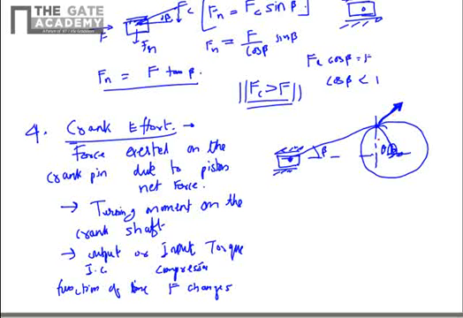Let's term it Ft. So Ft into R will be the output torque. We are interested in Ft. Here F is applied on the piston, Fc is the compressive thrust in the connecting rod, and Ft comes here.